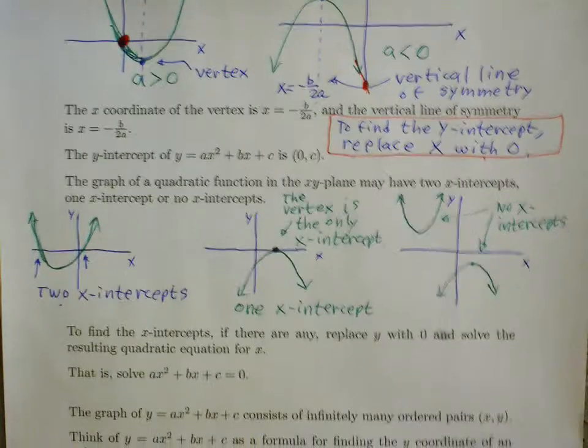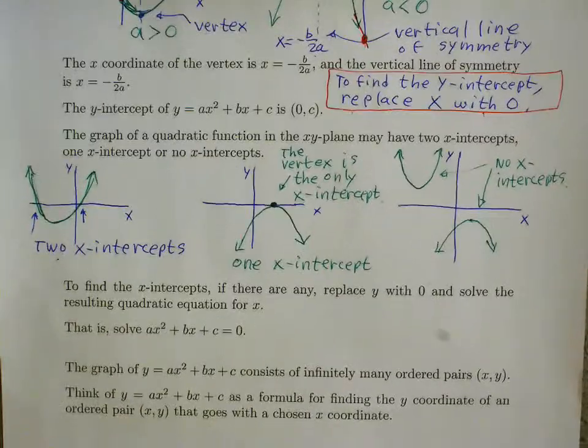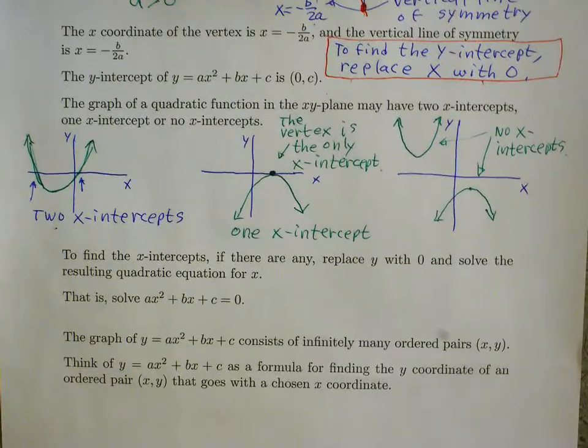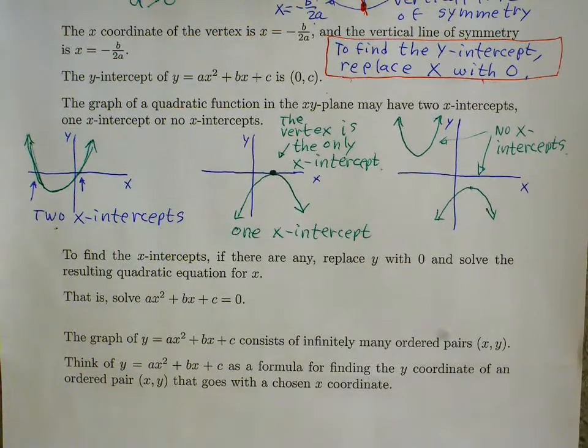You might remember when we were graphing straight lines, equations that have the form y equals mx plus b. We also had a standard equation, ax plus by equals capital C. But we always found the x-intercepts the same way.